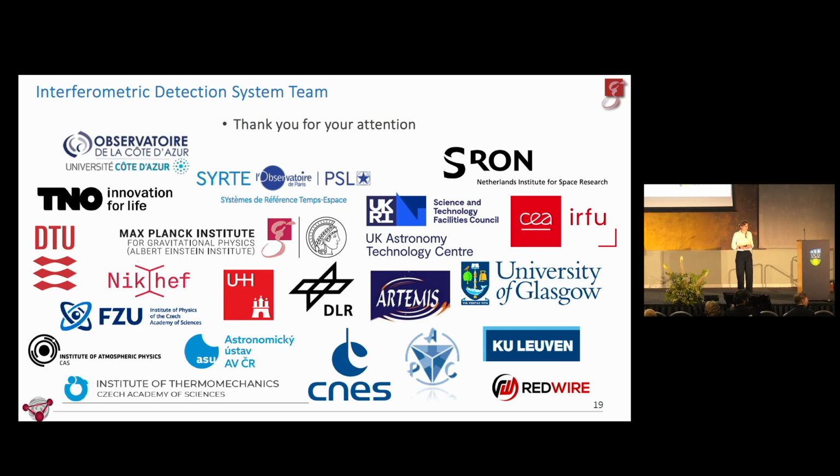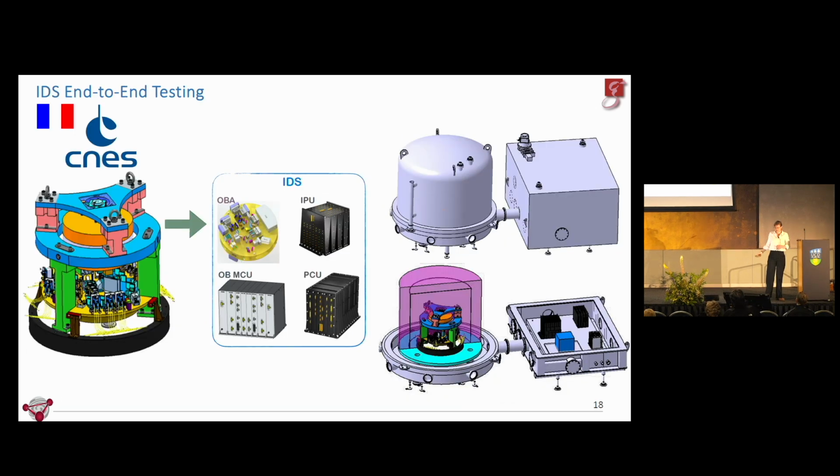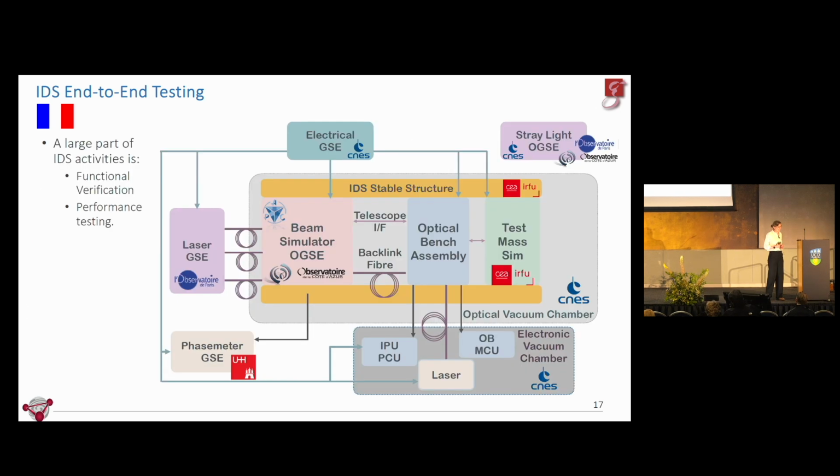Thank you for an interesting talk. Just a question on your last slide, before that, why do you use a different phase meter from the flight phase meter for testing, or did I misunderstand something? No, this is a good question. So we're using the ground support equipment phase meter for the test.